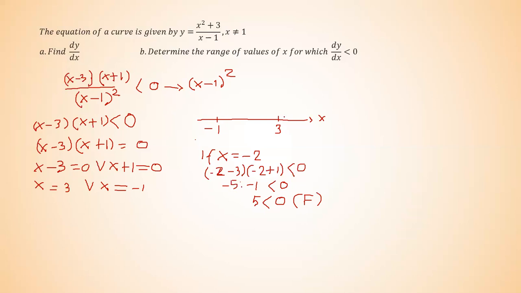Now, how about if x equals 4, as a representative of the area at the right side of 3? If x equals 4, this inequality becomes (4 minus 3) times (4 plus 1), so 1 times 5, 5 less than 0.